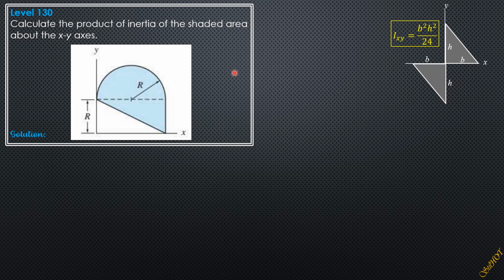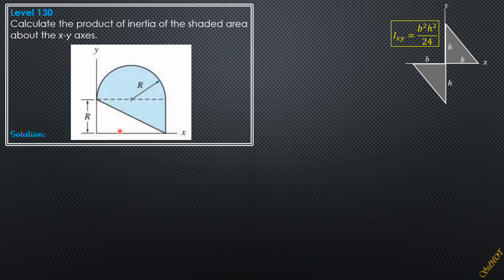So for solution, that's the formula for the triangle oriented in this manner as shown. So it may be in this triangle here, this hollow triangle. So b square h square over 24. And if you want to verify that, you look at the preceding slides that I uploaded, or you may derive it again here.